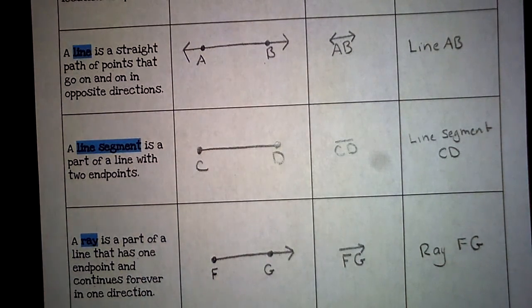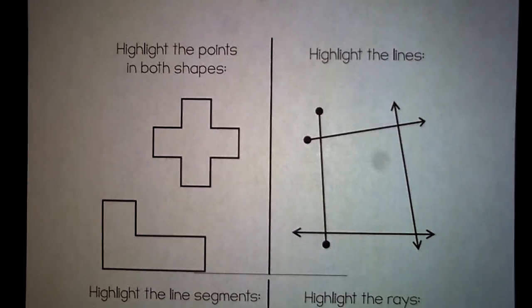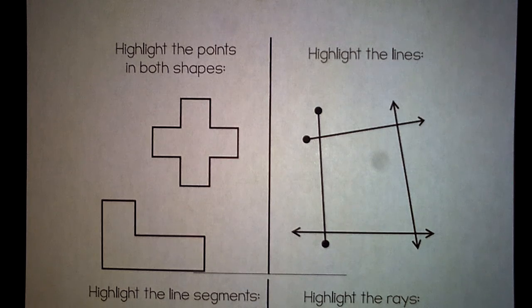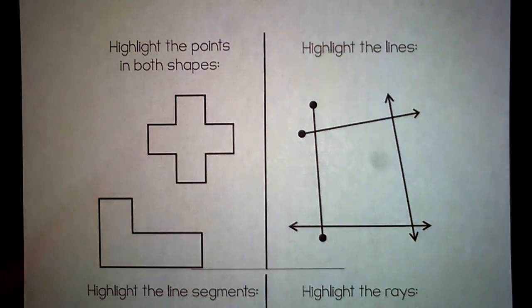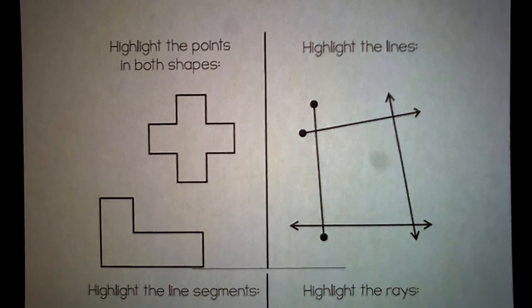Now, I want you to take the second page of guided notes, or just look on here, where we have some geometric shapes, and I'm going to go ahead and have you label, or you can watch me label and highlight the different geometric terms that we're learning about. So highlight the points in both shapes.